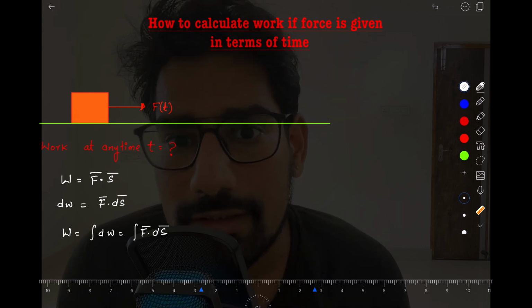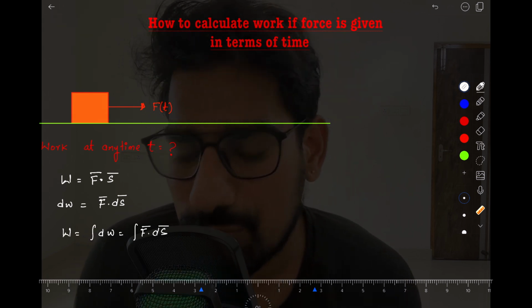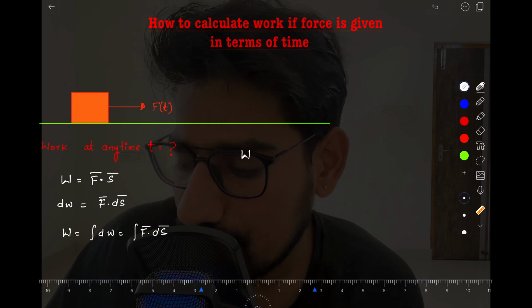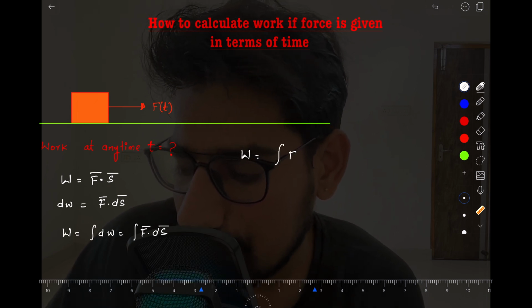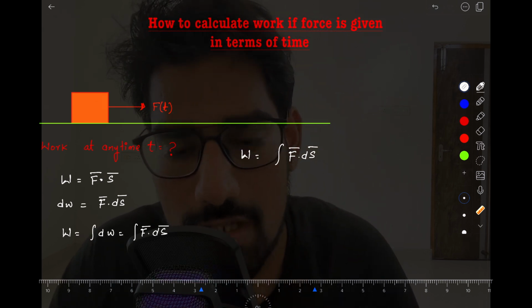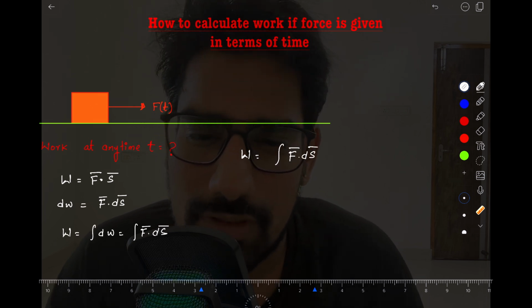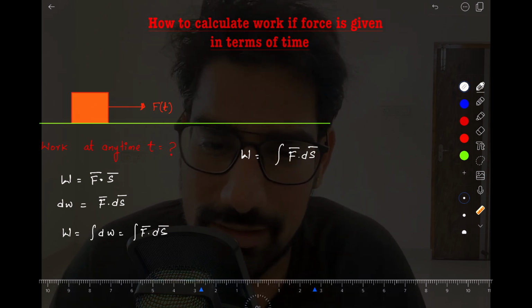So here force is given in terms of time, so of course we know that work is defined as integration of F vector dot ds vector from our basic definition, right? Now if I place the force in terms of time, then I cannot integrate it.